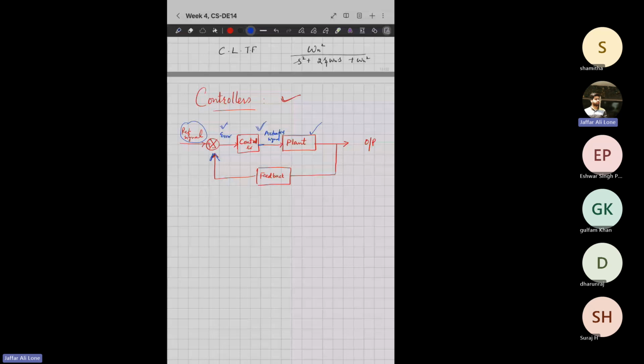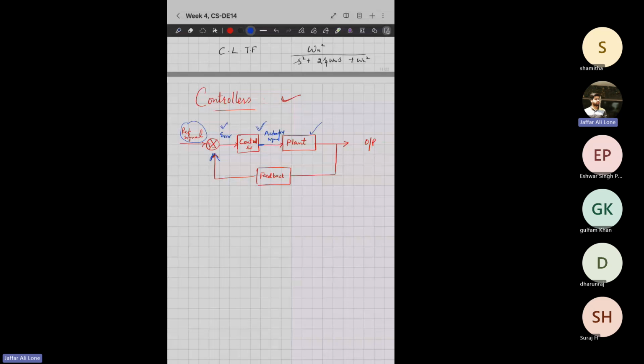Why is it called actuating signal? Because the controller output is going to act as input to the plant, right? Before the plant, there is another block called the actuator that makes that controller output compatible to the plant.